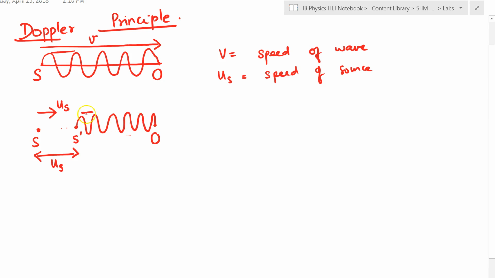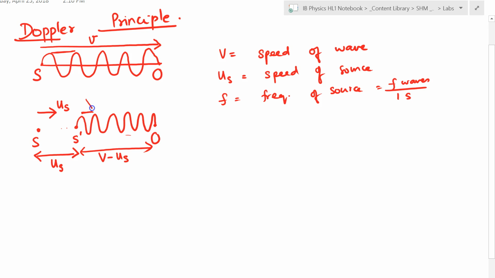So let's calculate what this new wavelength is. If F is the frequency of the source, that means the source emits F waves in 1 second. Because the source at the end of 1 second is at position S prime, all the F waves are going to be compressed in this distance S prime O, which is nothing but V minus US.